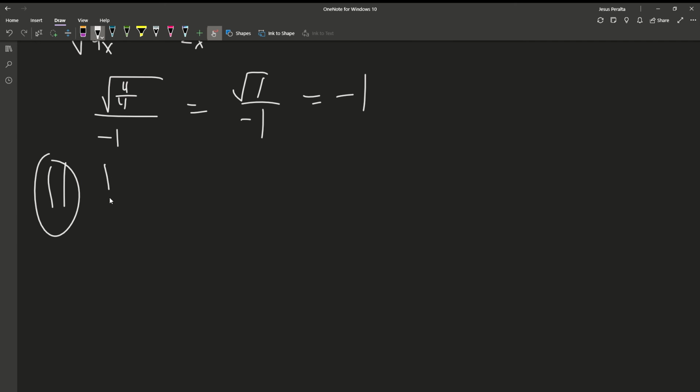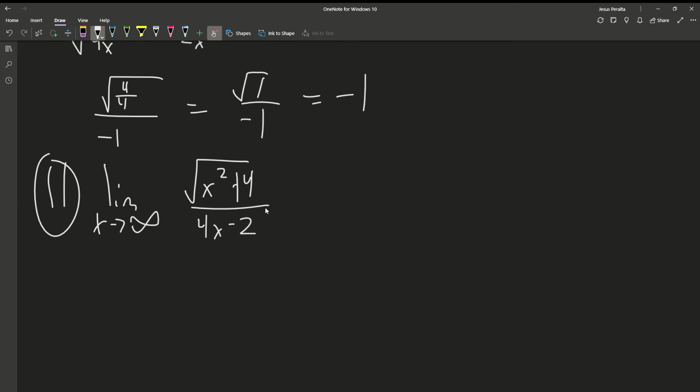For number 11, we have the limit as x approaches infinity, so we don't have to worry about it being negative. So we have the square root of x squared plus 4, over 4x minus 2.